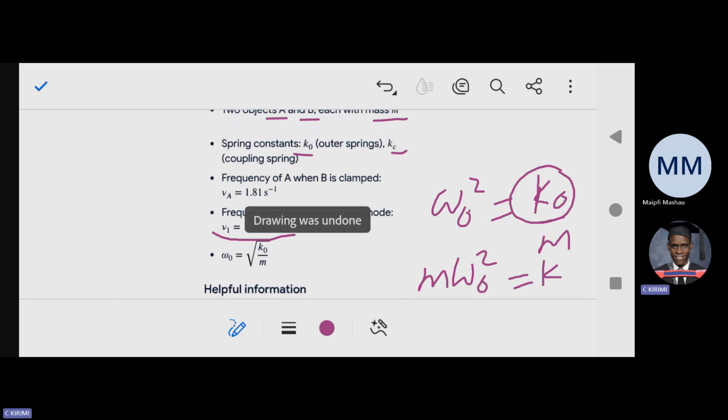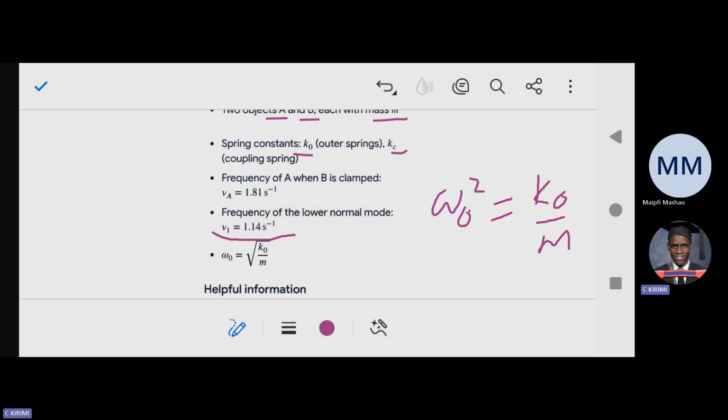When you're solving for W1, W2, we replace that K with M omega naught squared. So it's coming from this standard equation, which says omega naught squared is equal to K naught over M. If you want omega naught only, it will be the square root. So you must know in a spring how you relate angular frequency, the constant, and the mass. These are the things that you must know.